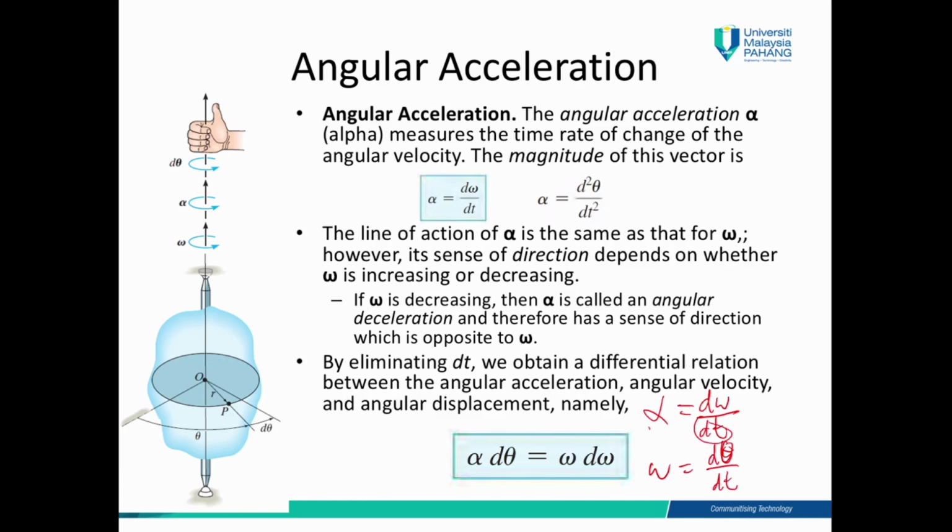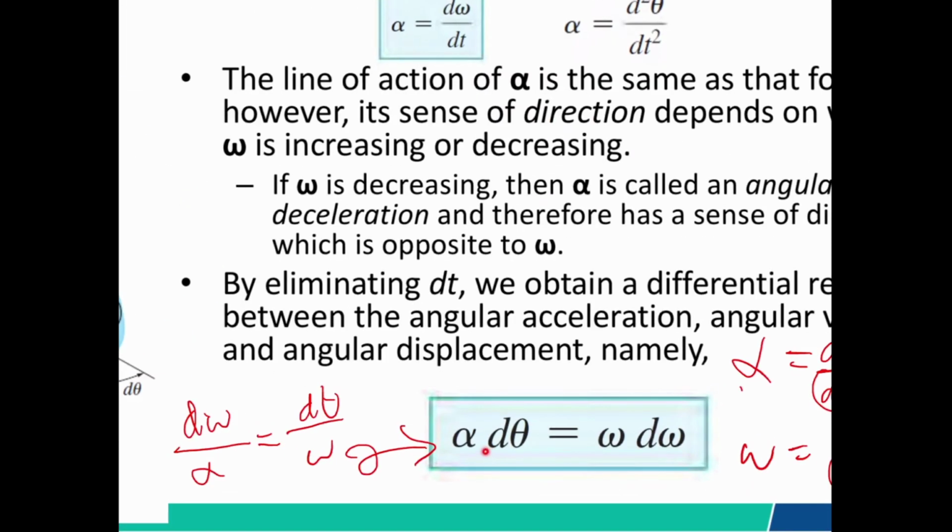And if you eliminate dt from both of these, you should get the equation d omega over alpha is equal to d theta over omega. And if you rearrange, you will get this, right? Alpha times d theta equals omega times d omega.